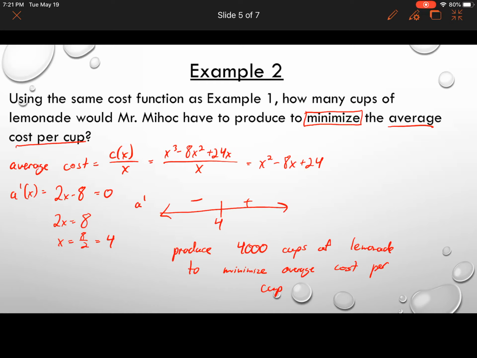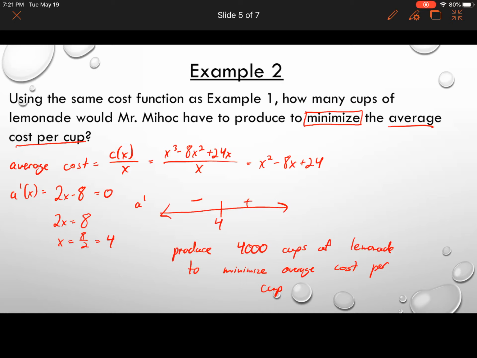So as you can see, the answers from our previous two examples, they're not the same, right? We actually maximize profit if we sell 5,000 cups of lemonade. We minimize average cost at 4,000 cups. So this is a perfect example of a real-life situation where you're not necessarily maximizing your profit when you're minimizing your cost, right?